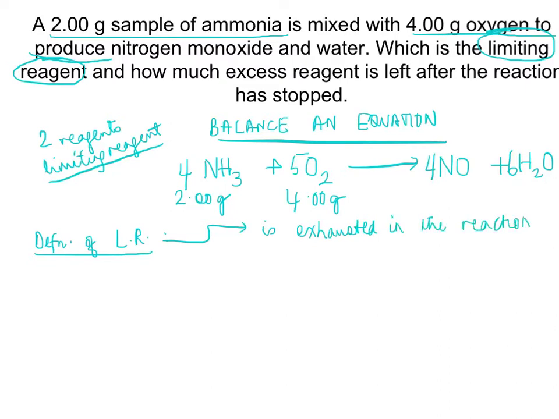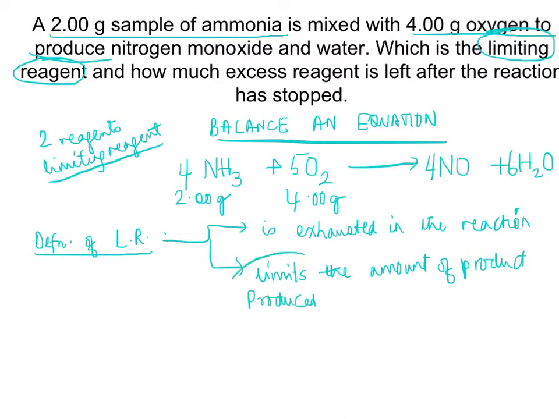Also, the second definition is it limits or lowers the amount of product produced. That second definition is the one that we're going to utilize to solve this particular problem.